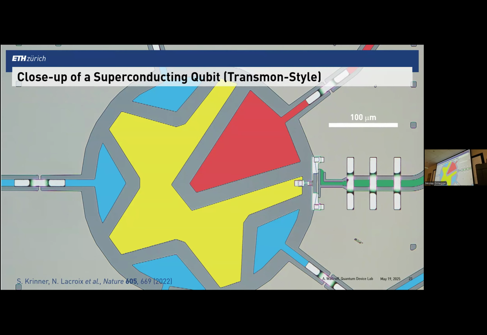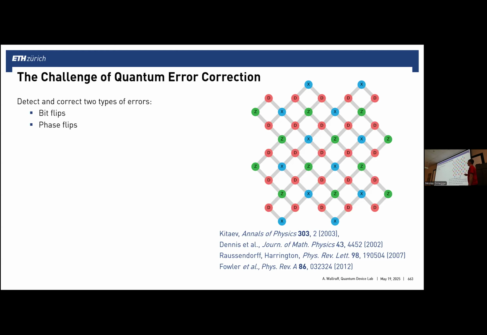One reason for why this is more challenging is because there are two different types of errors. There's not only bit flips, things that turn zeros into ones, or ones into zeros, but there's also phase flips. So if you have a superposition state, a 0 plus 1 could turn into a 0 minus 1, or the reverse. So you need to deal with these two types of errors.